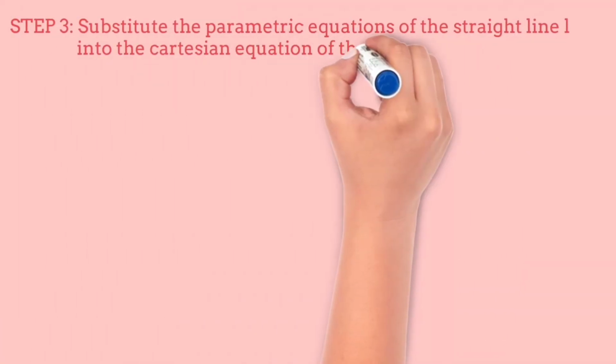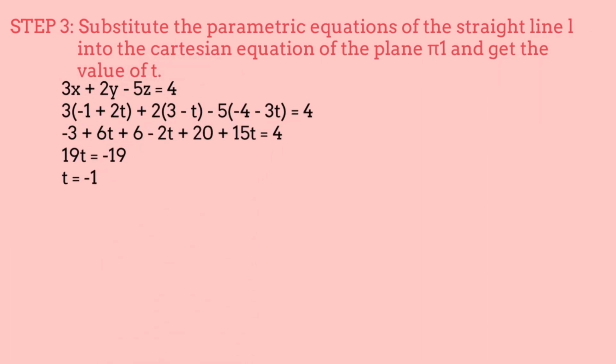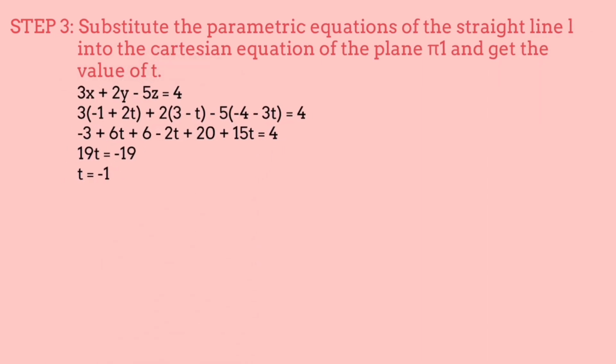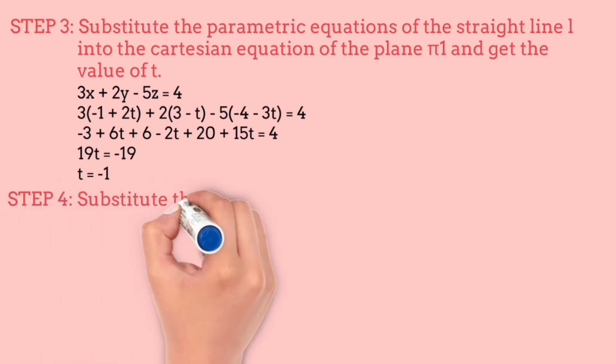Step 3. Substitute the parametric equations of the straight line L into the Cartesian equation of the plane pi1 and get the value of t. By substituting, we got the value of t, which is t = -1. Step 4.